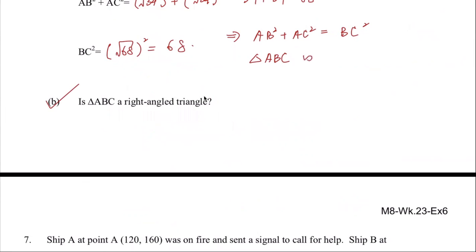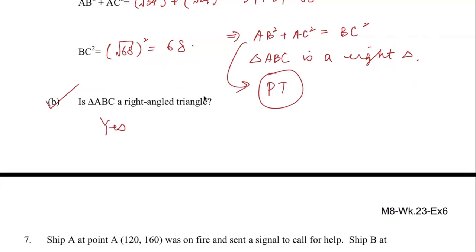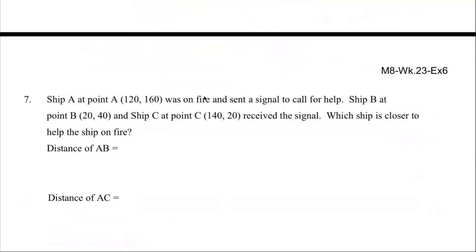Triangle ABC is a right triangle. How do we know that? Because of the Pythagorean theorem. So yes, triangle ABC is a right angle triangle. Okay, that's question number 6.